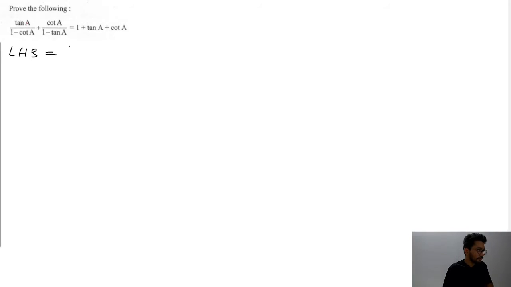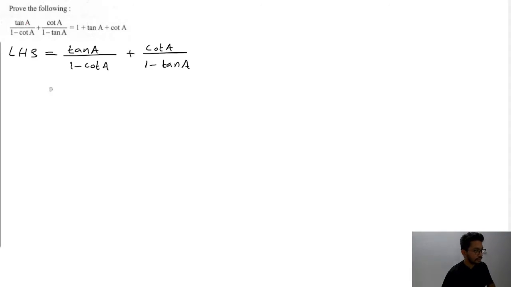LHS is equal to tan A divided by 1 minus cot A plus cot A divided by 1 minus tan A. All you have to do is convert this tan and cot in terms of sine and cos.